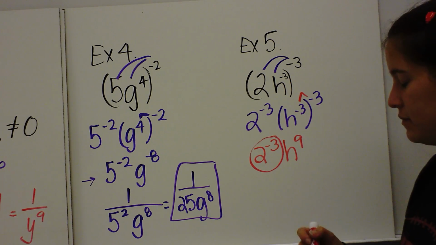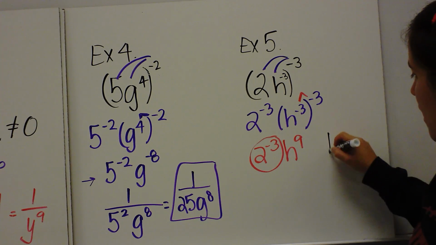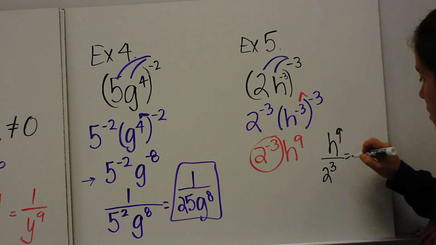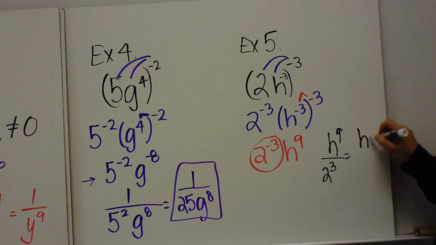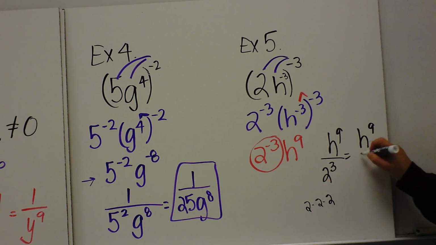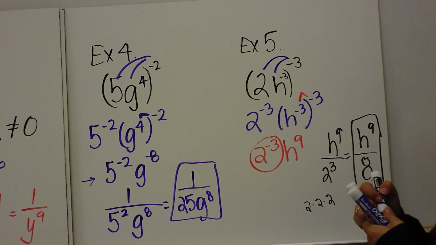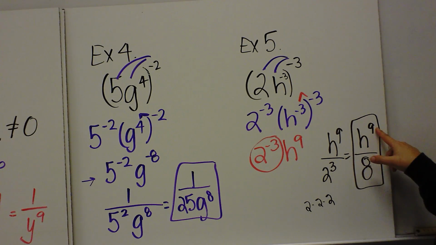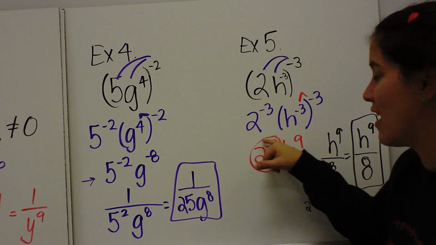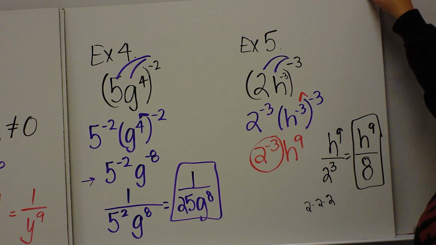That has to go to the bottom. My h to the ninth stays on top. So I'm going to have h to the ninth and 2 to the third. H to the ninth stays the same, and 2 to the third is 2 times 2 times 2, which is 8. So my final answer is h to the ninth power over 8. And I had to move this to the bottom because of that negative exponent. Whenever you have a negative exponent, you move it to the bottom.